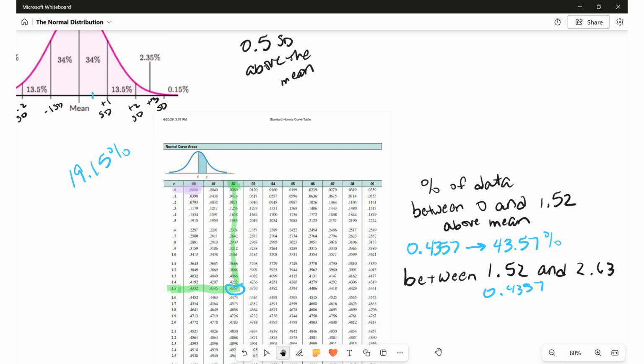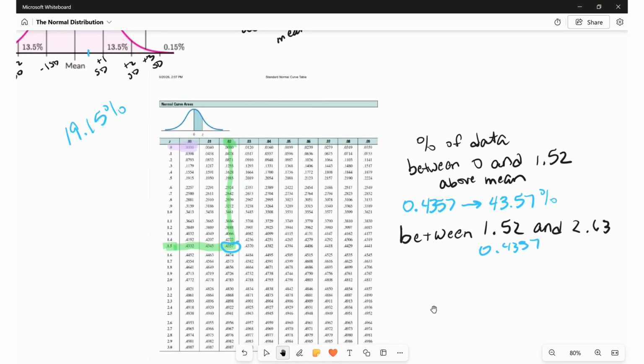Okay. So first of all, we're going to take a look here and we're going to find 2.6. Okay. And then we need that 3 on the end. And we're going to see, where do these two things meet?